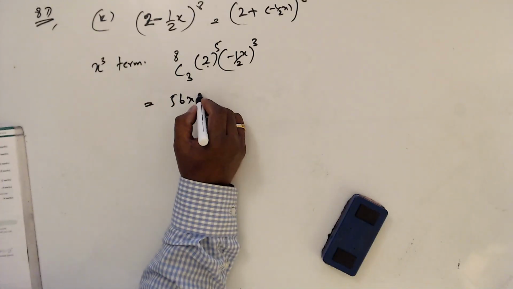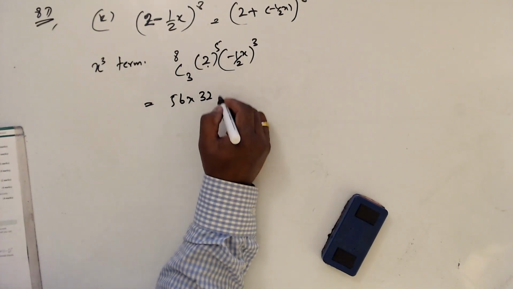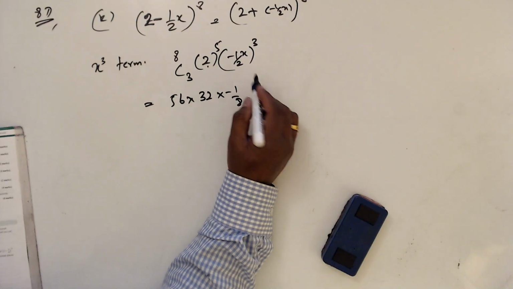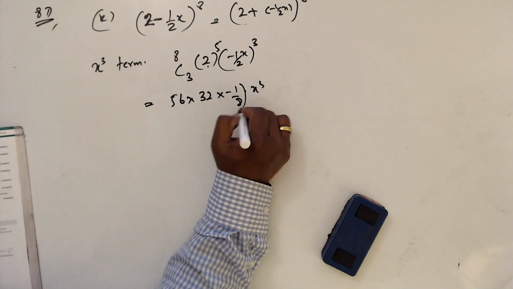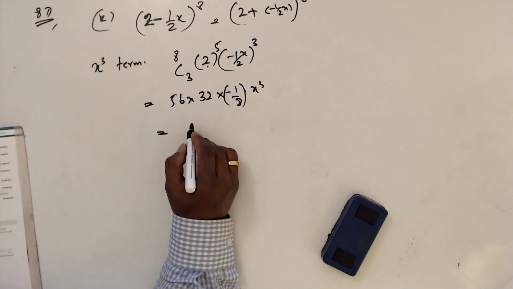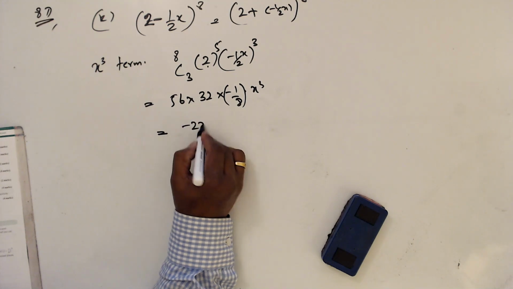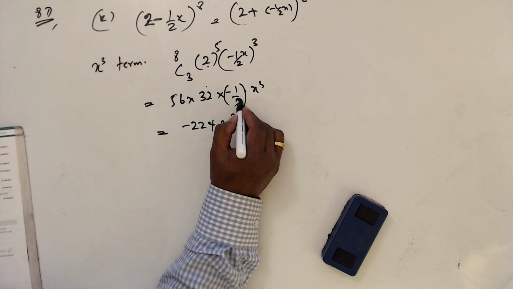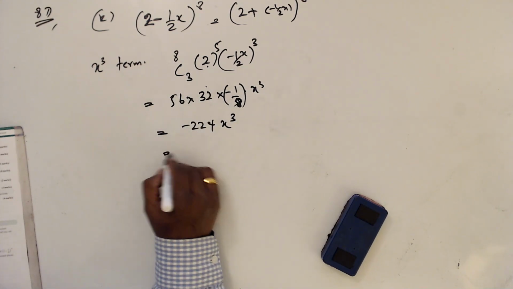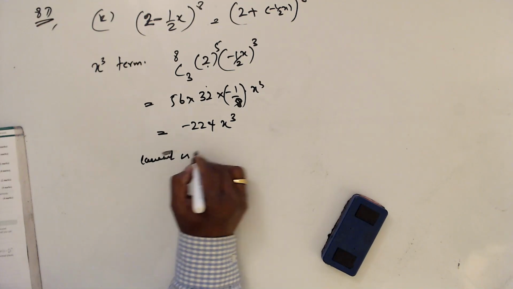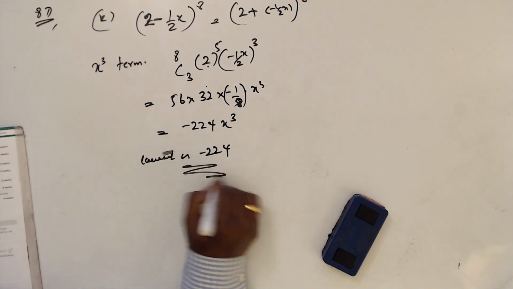Fifty-six times 32 times minus 108 x cubed. 8 times 1, this is 4. You can get 4 times. Coefficient is minus 2 to 4.